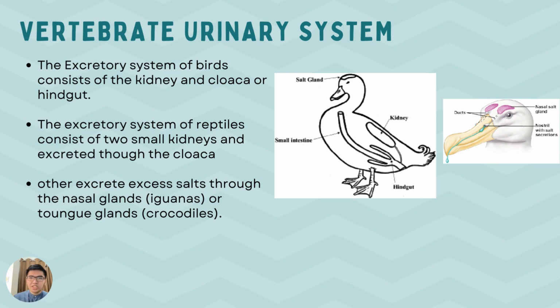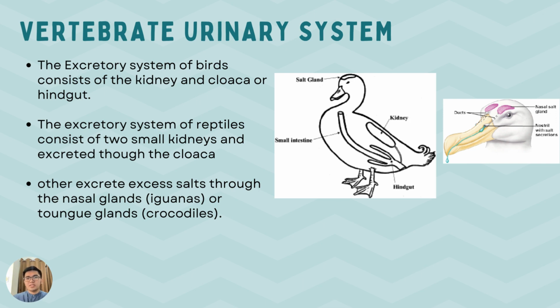Next, we're gonna move to the vertebrate urinary system, which is also different from each animal. Birds consist of the kidney and cloaca or hindgut, while the reptiles consist of two small kidneys and secrete through the cloaca.